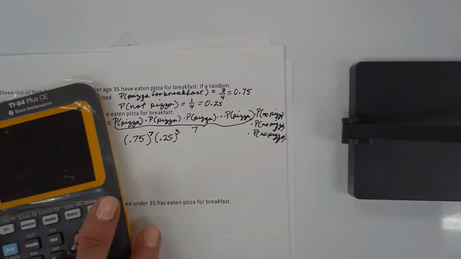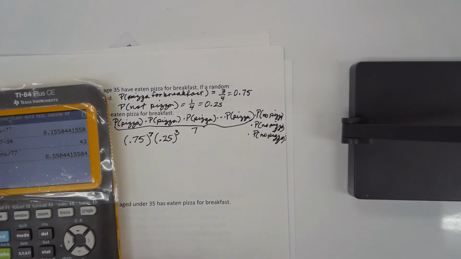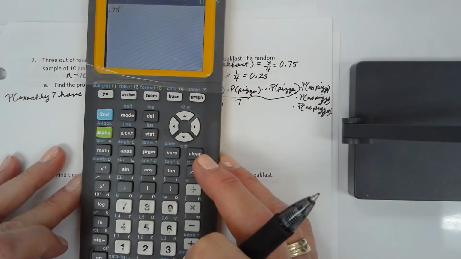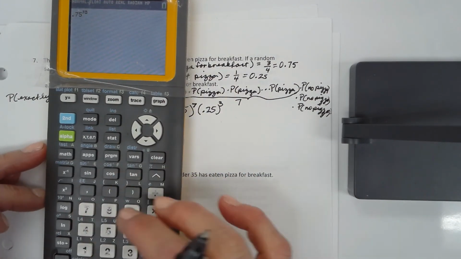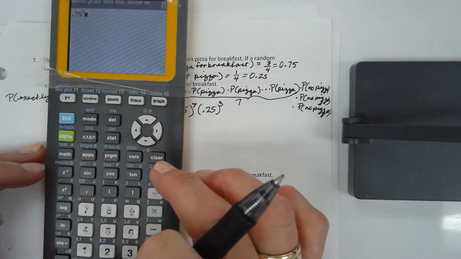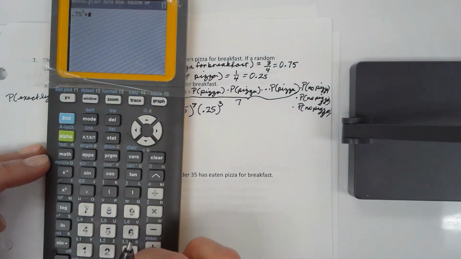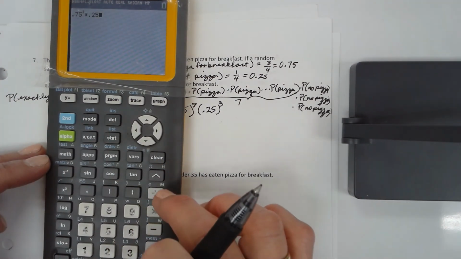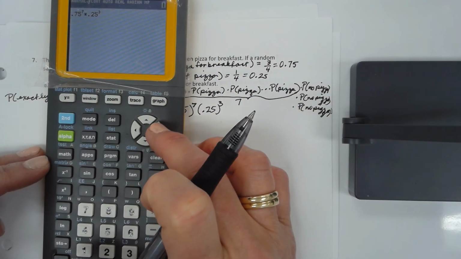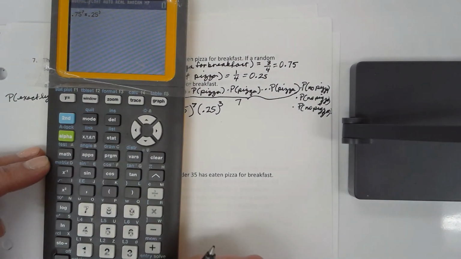Okay, so 0.75, and then the caret key is above the division key, to the 7th power, and then do the right arrow to get out of the exponent, and then put times 0.25, and then the caret key to the 3rd power, and then push the right arrow key to get out of the exponent and enter.